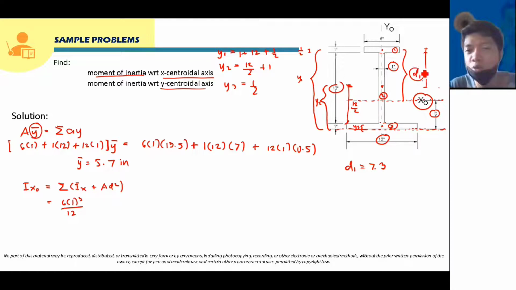Wait, class. Our distance 1 is from the centroid of area 1 going to the reference axis.